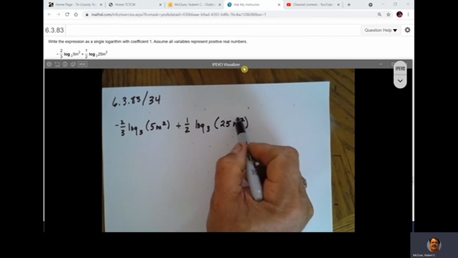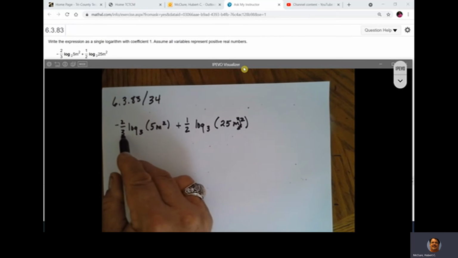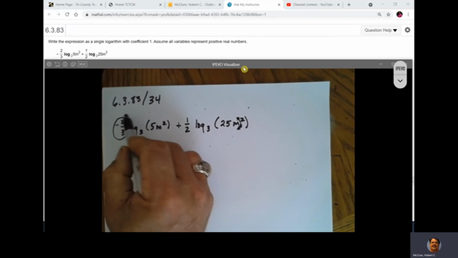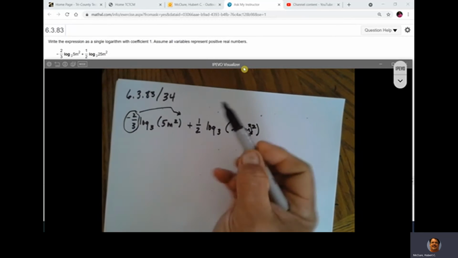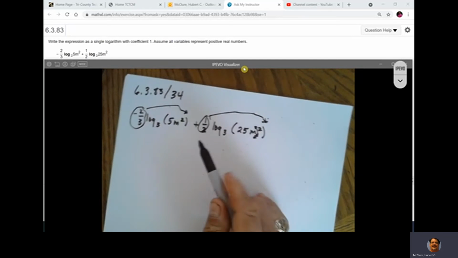Okay, so just ignore that. All right, so the first thing you're going to do, you can't do anything with those fractions there, so you're going to use the power rule and take that there and there.